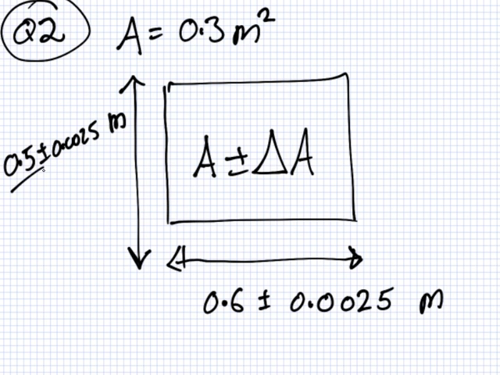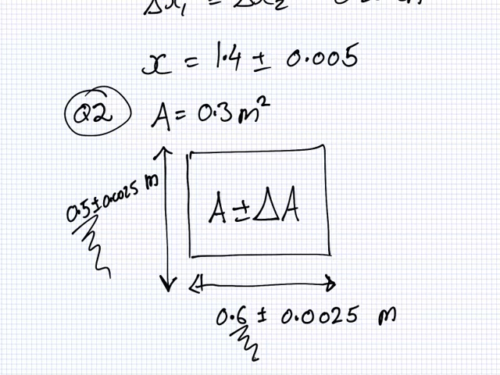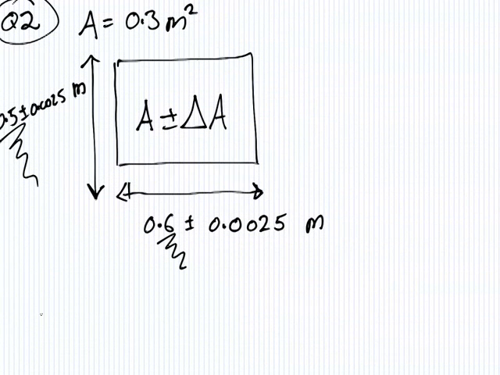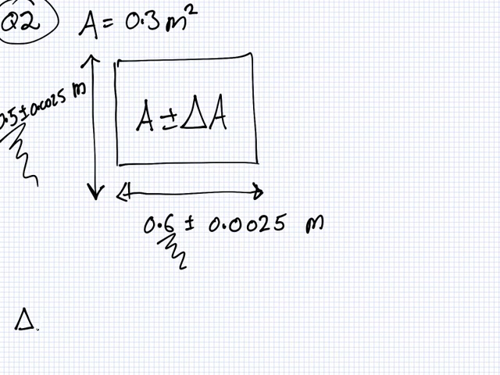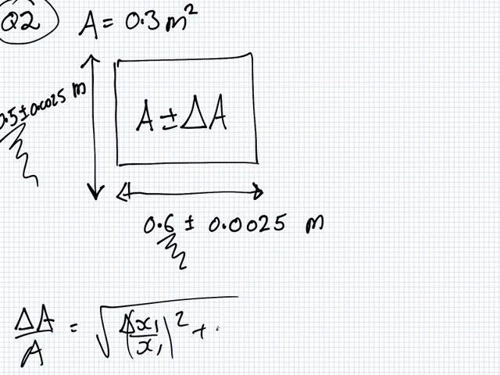Because it's just that times that. Now let's calculate the uncertainty. So we have the formula: uncertainty of A over A equals square root of uncertainty of x1 over x1 squared plus uncertainty of y1 over y1 squared. So I'll just bring the A up there and multiply it.